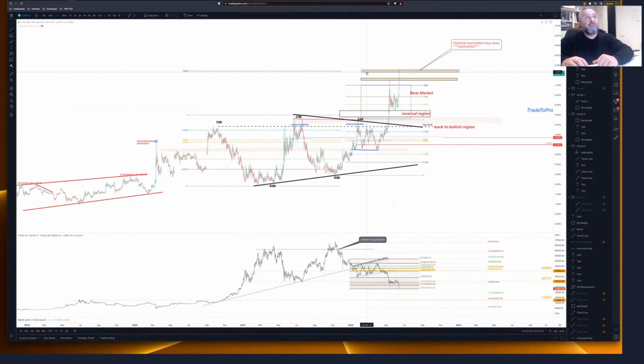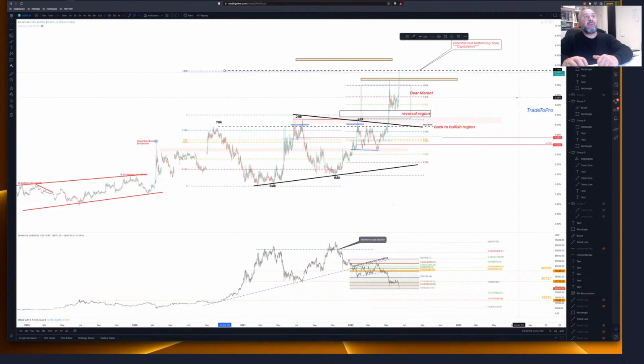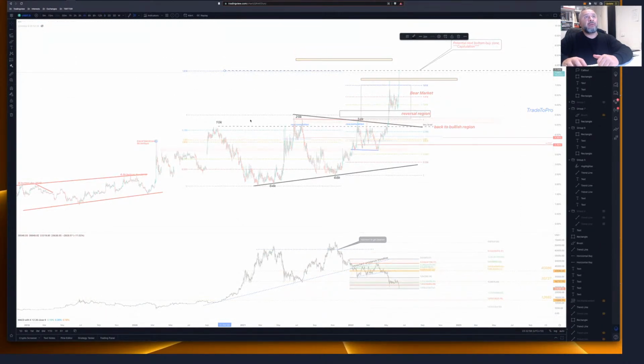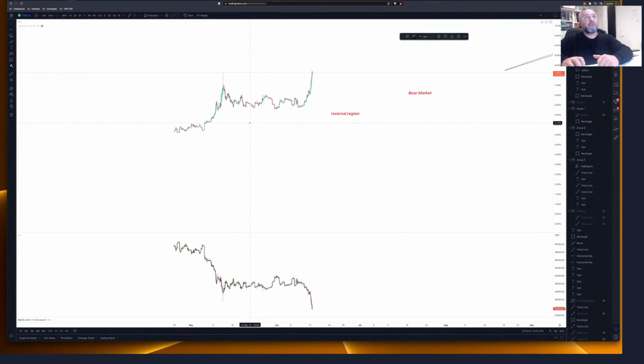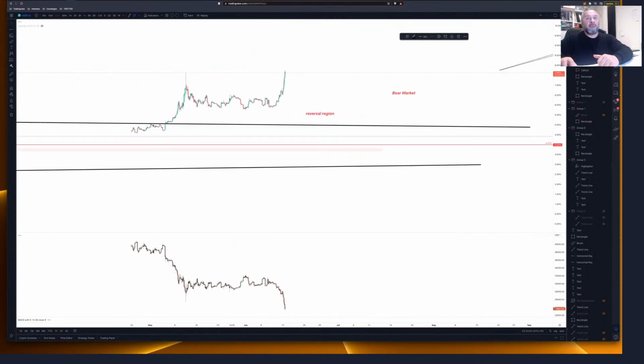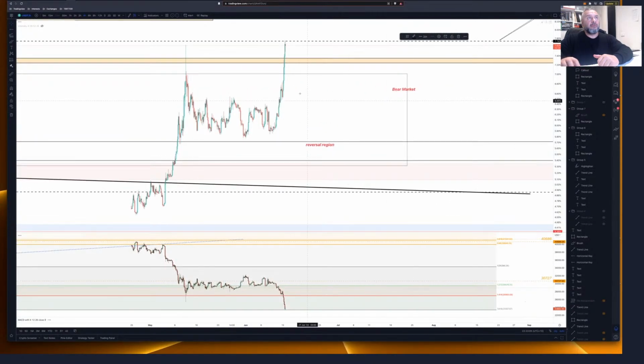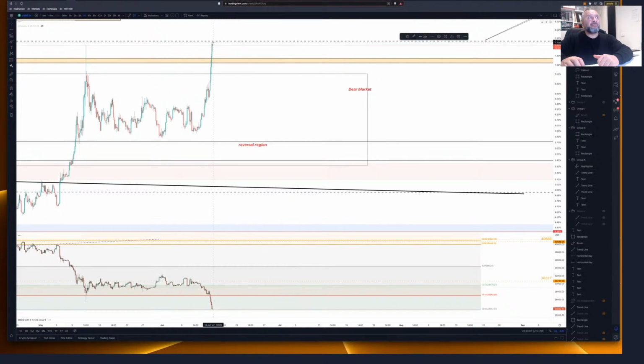So let's look at this line, Tether dominance. Let's just move that to the side. It's right on the money. And that's a daily, so if we look at the 4 hour, yeah, we got a response.